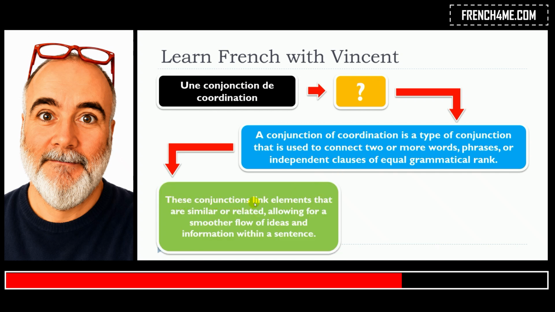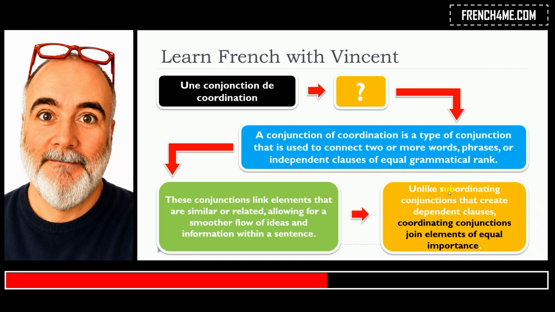These conjunctions link elements that are similar or related, allowing for a smoother flow of ideas and information within a sentence. So by using these conjunctions, it will make your sentence breathe. It will be nicer and it will give a smoother flow of ideas.